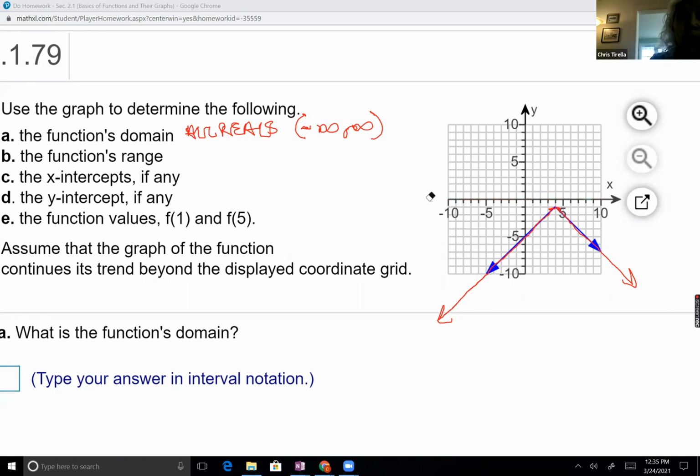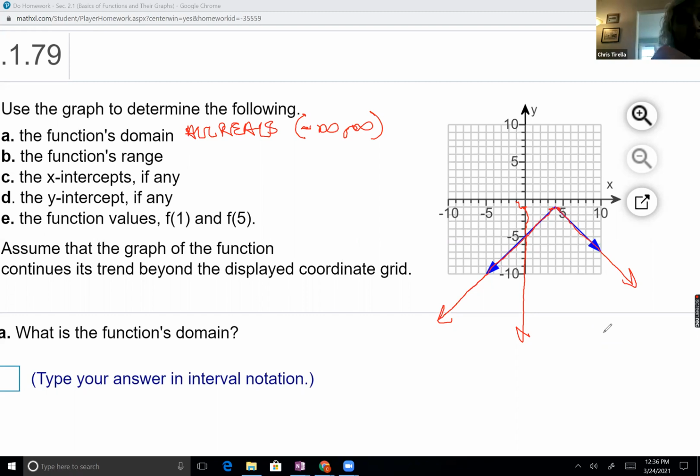Now, instead, if I want to look at the range, that is the y value. So I want to compare that graph to the y-axis. If I look at the y-axis, see how those arrowheads are pointing down. So it's not going to have a lowest value.